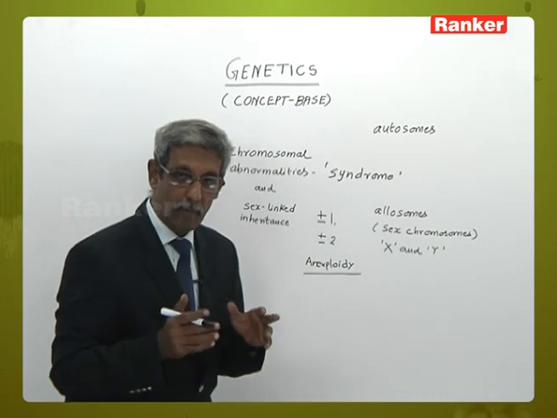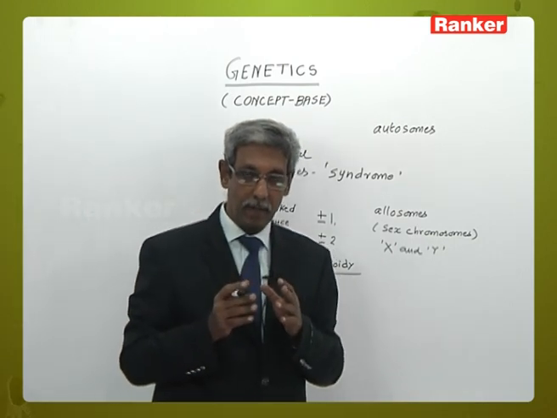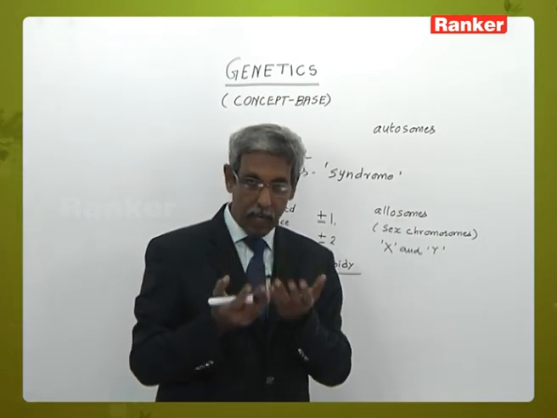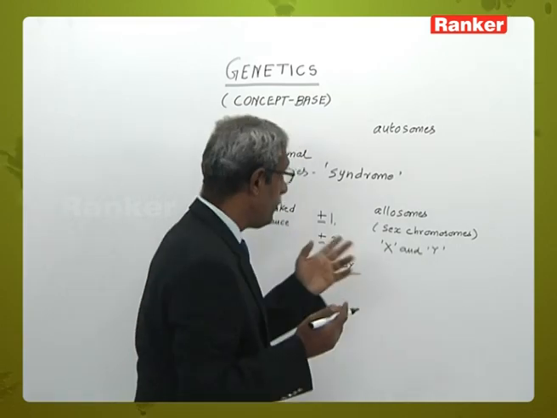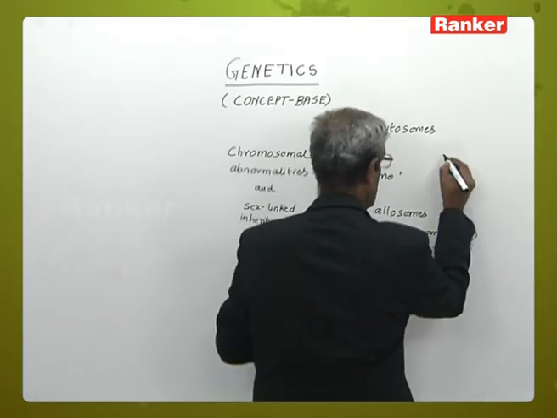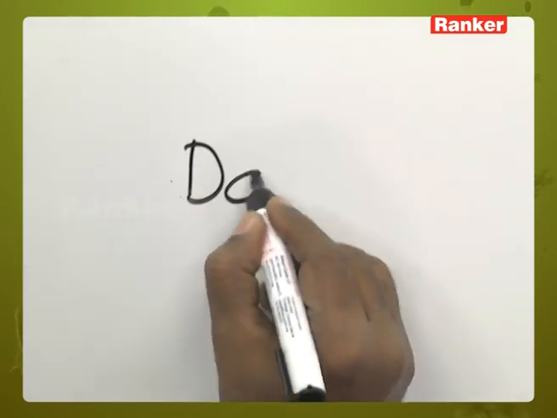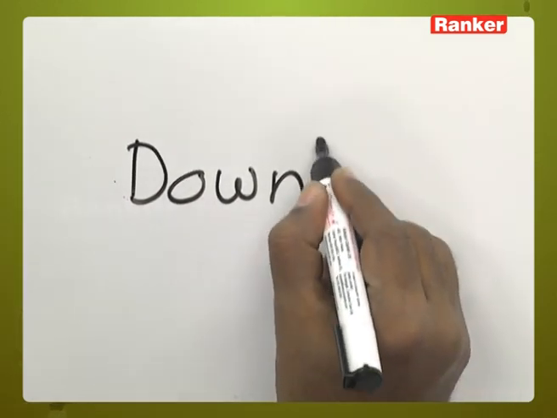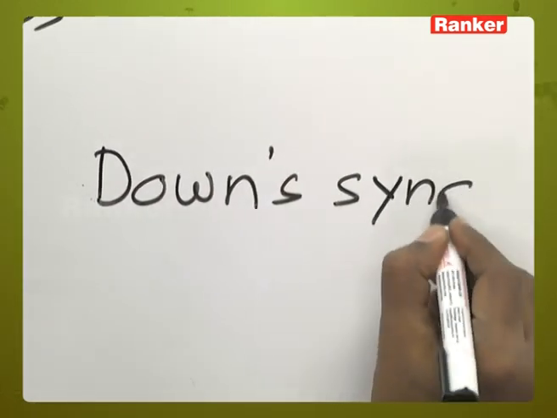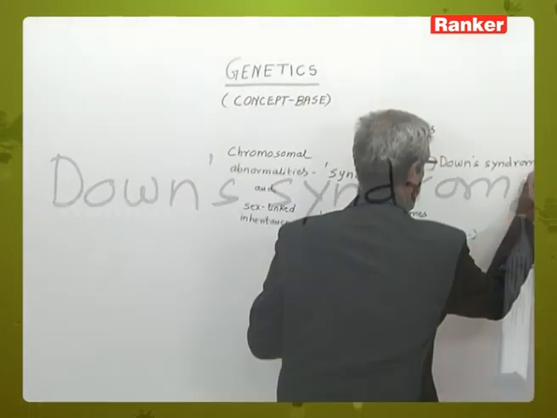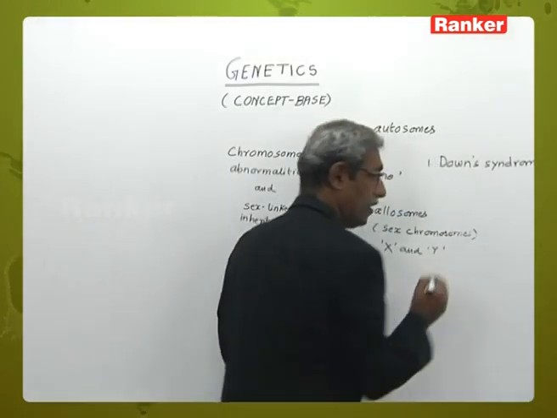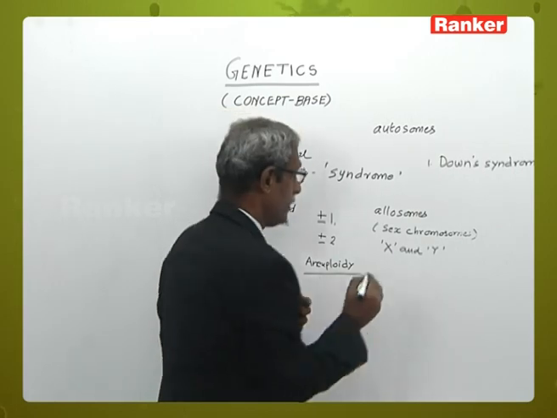So, the objective of today's class is, while looking into chromosomal abnormalities, we would be touching upon several issues. First is the Down syndrome.